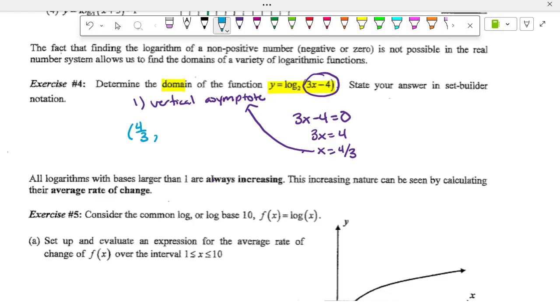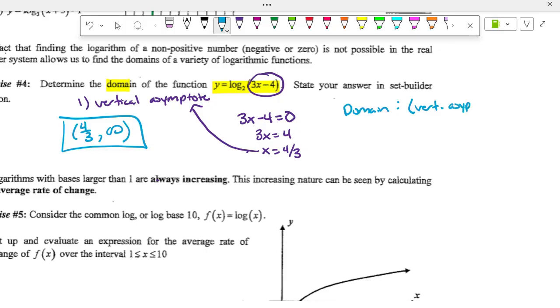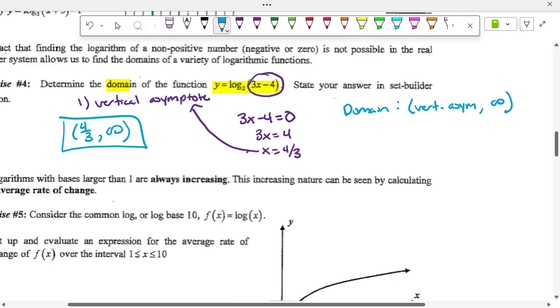And it's going to go to where? Infinity. So again, the domain of a logarithm is always whatever the vertical asymptote is, and it's going to go to infinity.